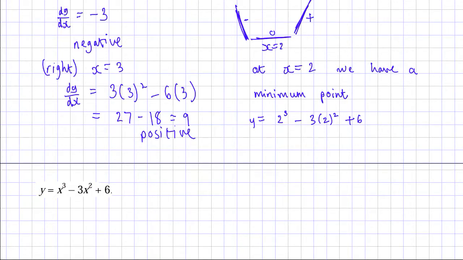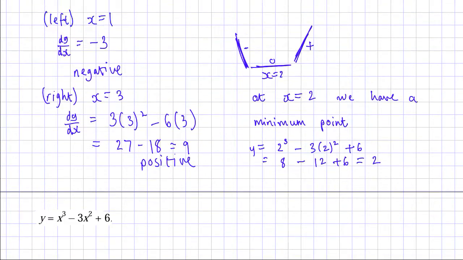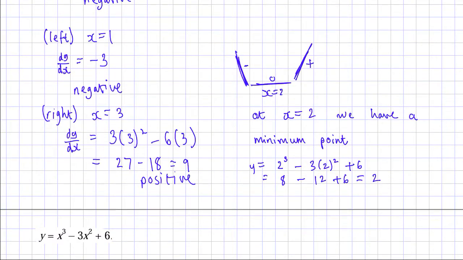That's going to give me 8 minus 3 times 4, which is 12, plus 6. So 8 add 6 is 14, take away 12 is 2. So the coordinates of this minimum point here is (2, 2). We need to remember this one as well.